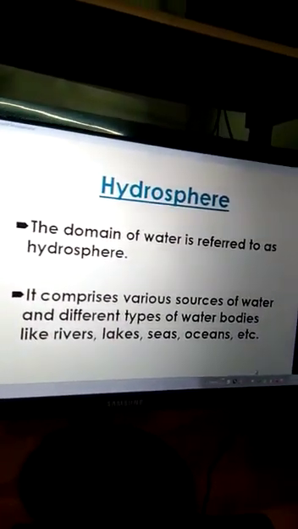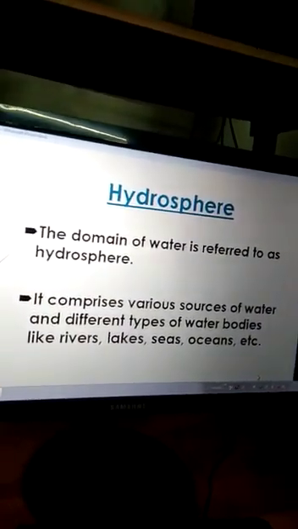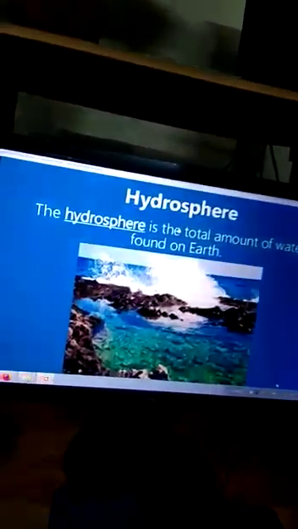And you know that three-fourths of our planet Earth is covered with water bodies, and that is why it is called the blue planet. Without the hydrosphere, without the water bodies, it is not possible to sustain living organisms in the biosphere.